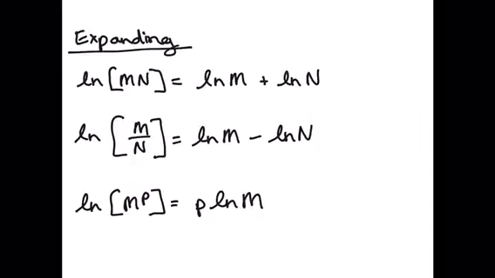It states if I have the log of a product of two things, I can separate that into two logs separated by addition. For division, it separates into subtraction, and the power property states if there's an exponent on the argument to my log, I can write it in front of the log.